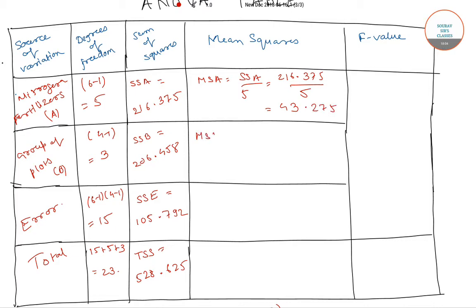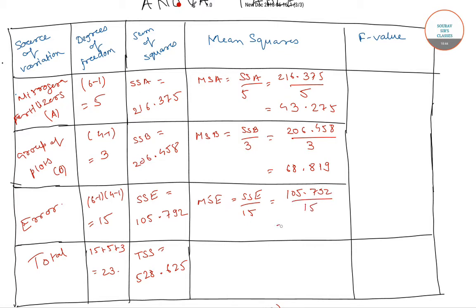Similarly, MSB is equals to SSB divided by 3, which is 206.458 divided by 3, which is equals to 68.819. And MSE is equals to SSE divided by 15, which is 105.792 divided by 15, which is equals to 7.053.